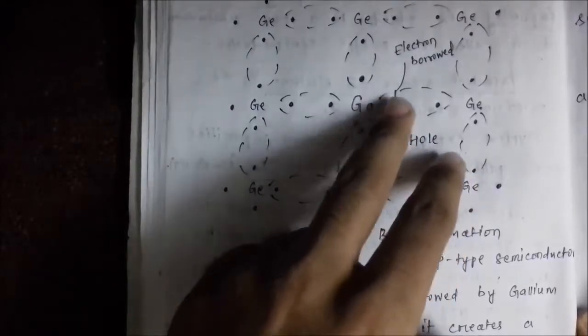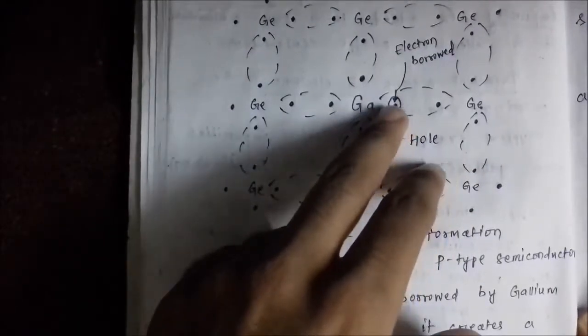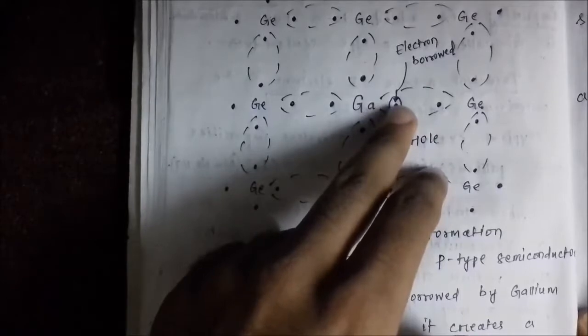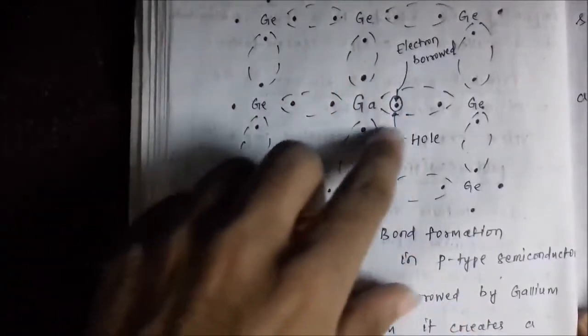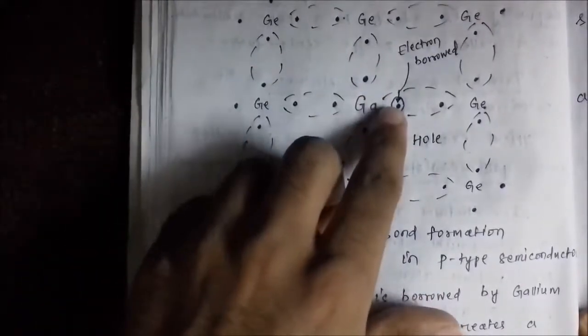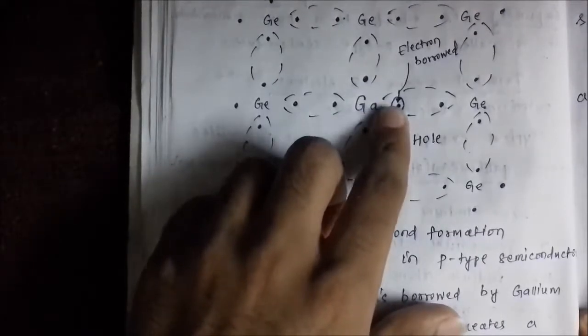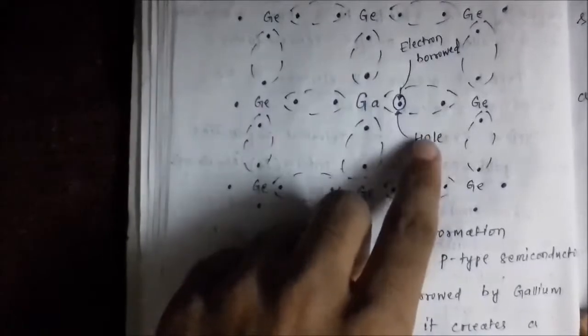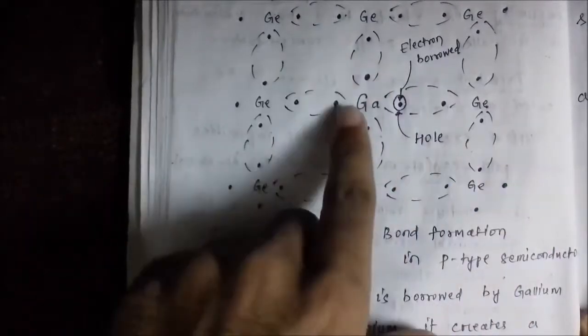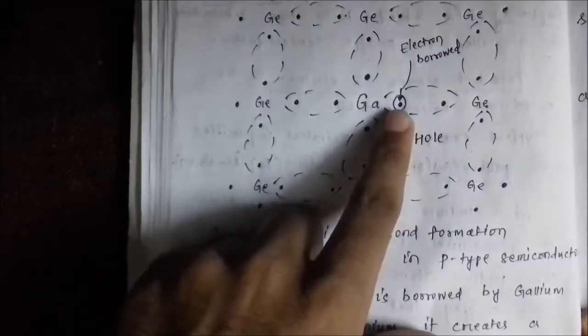This spot is filled by the free electrons from the n-type material. So this is the valence band of gallium, and this electron which comes from the n-type region and occupies this hole, the electron borrowed from the n-type, becomes the valence electron. So that is this valence electron thing.